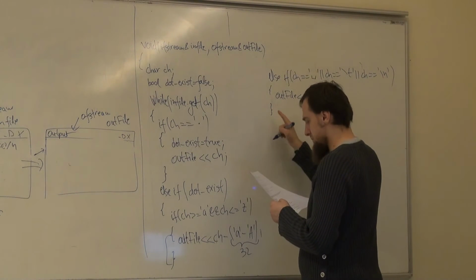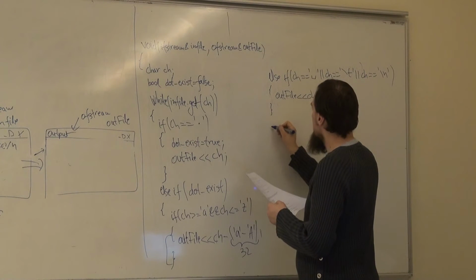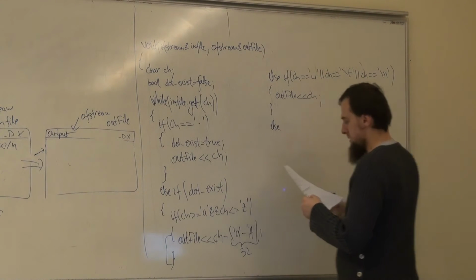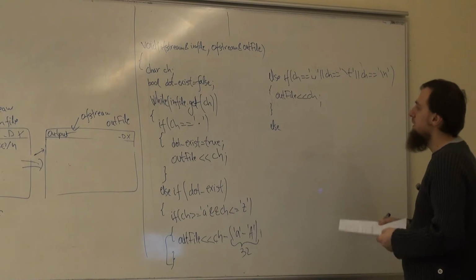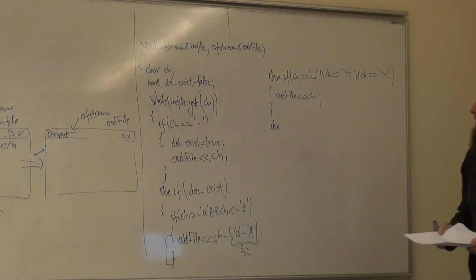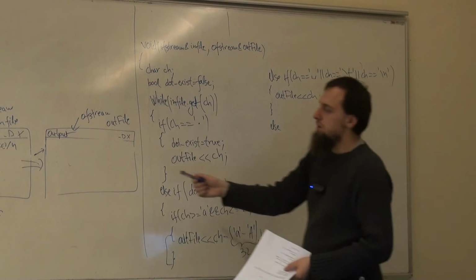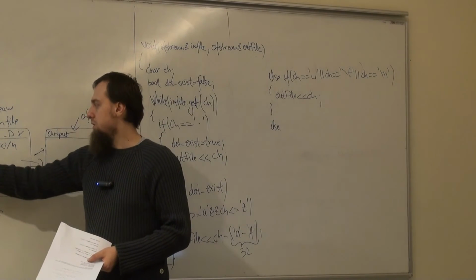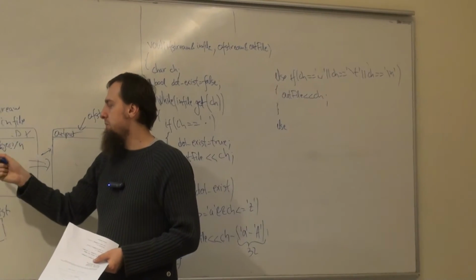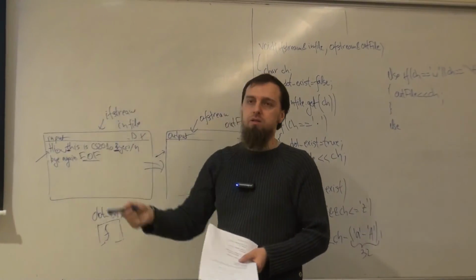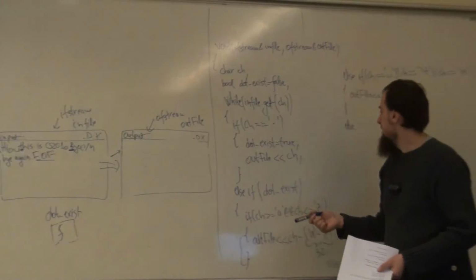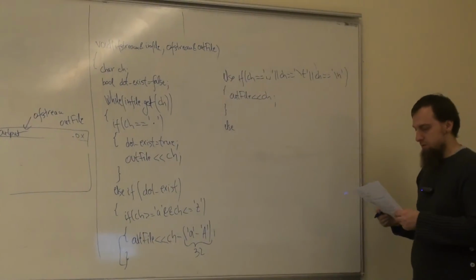Else, what is remaining? I mean, we are sure that the characters here are either dots, new lines, tab values, and lower or uppercase letters. So what do we have else here?